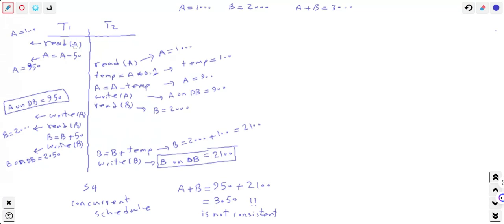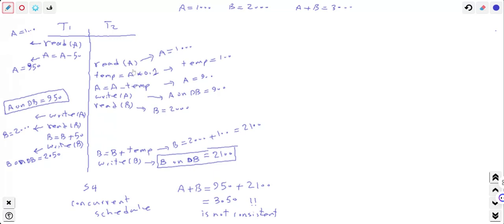Suppose that every transaction has its own memory space. You can consider that A and B are local variables in each transaction. So A in T2 is different from A in T1.